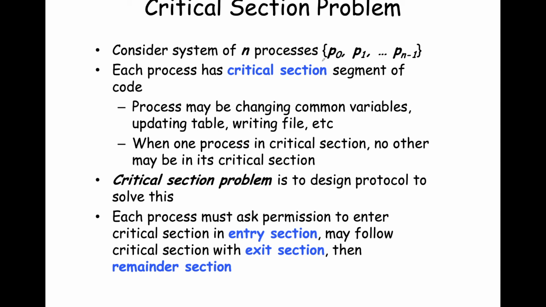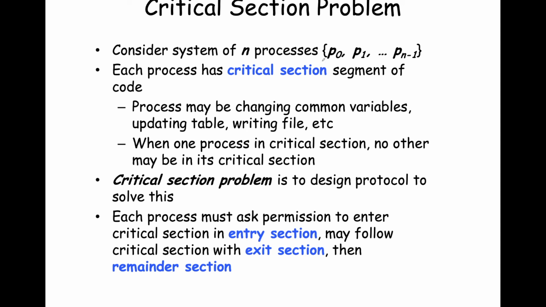And so each process in this solution must explicitly ask permission to enter the critical section. This is the barrier that I alluded to before. This entry section is where it does that ask. And now you also have the critical section following this entry section.